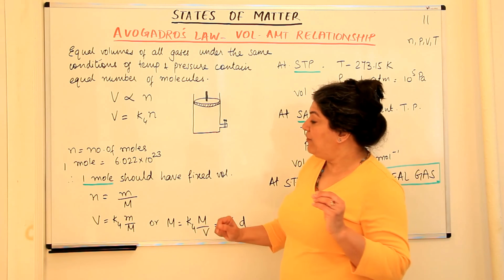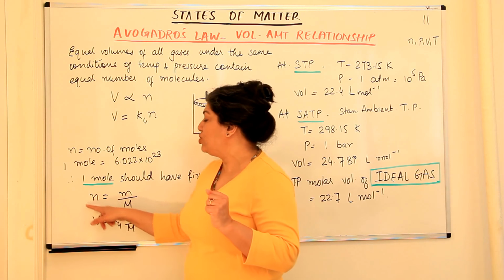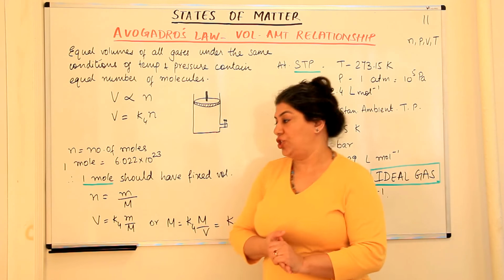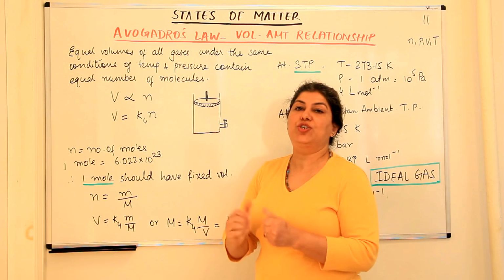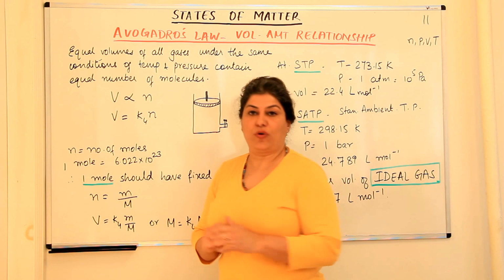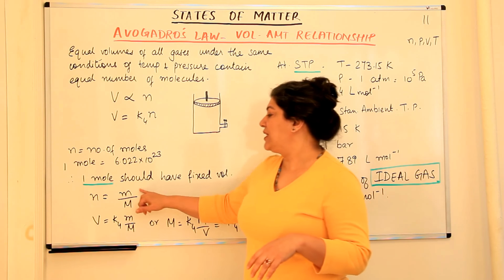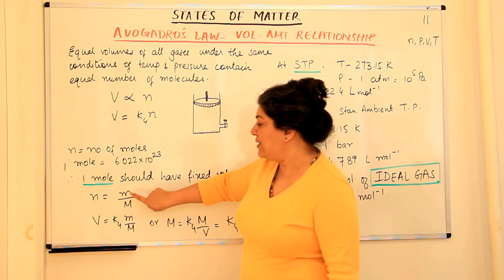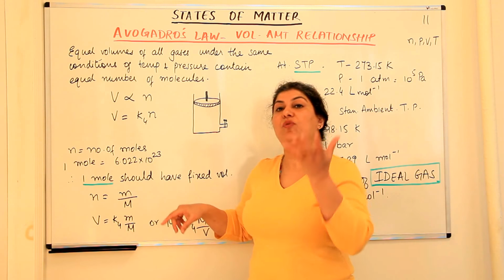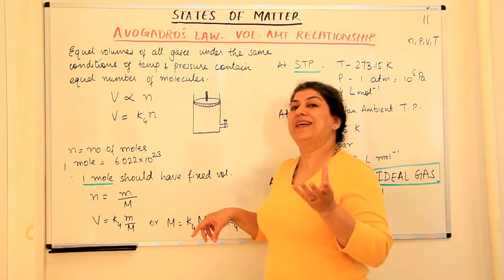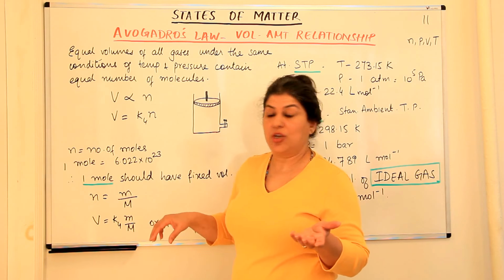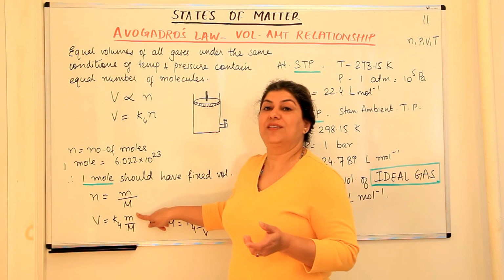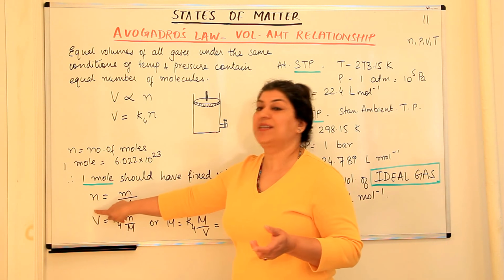For example, if you have 64 grams of oxygen, we'll write 64 grams divided by the molar mass of oxygen, which is 32 grams.